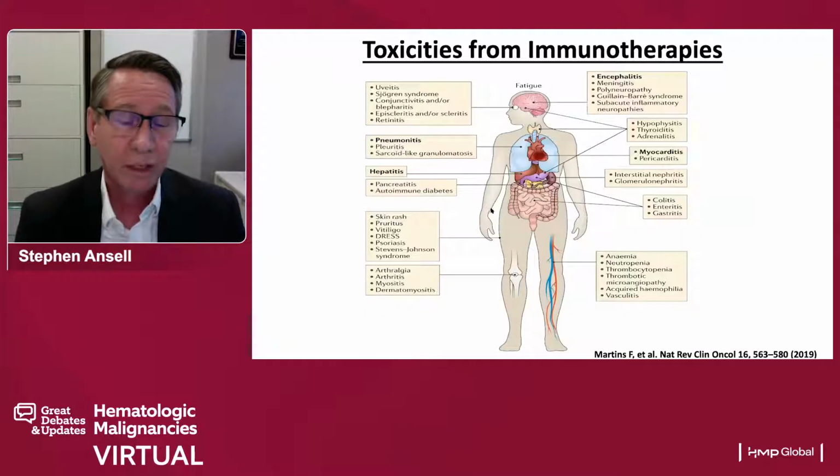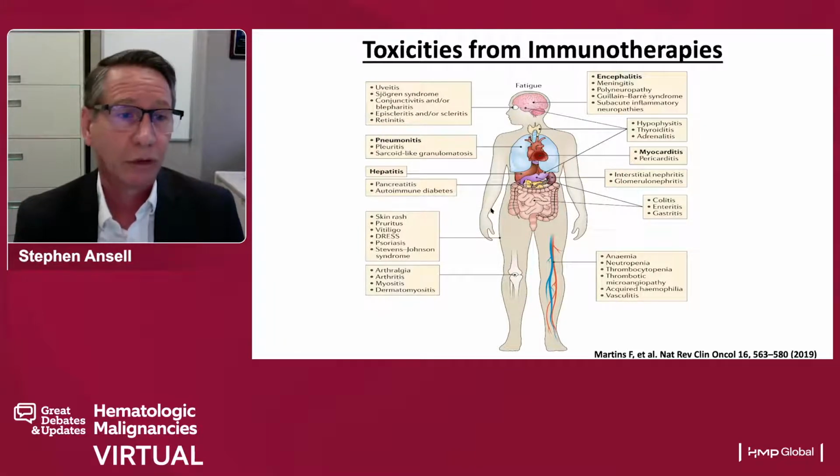cells. When we're thinking about immune checkpoint antibodies, we need to recognize that almost every organ in the body can be affected by the potential side effects from this treatment. And you can see here that whether it be the eyes, the brain, the lungs, all of these can be affected. The initial thinking was that this could be specific to areas where there is antigen exposure, like the skin or lungs or wherever.